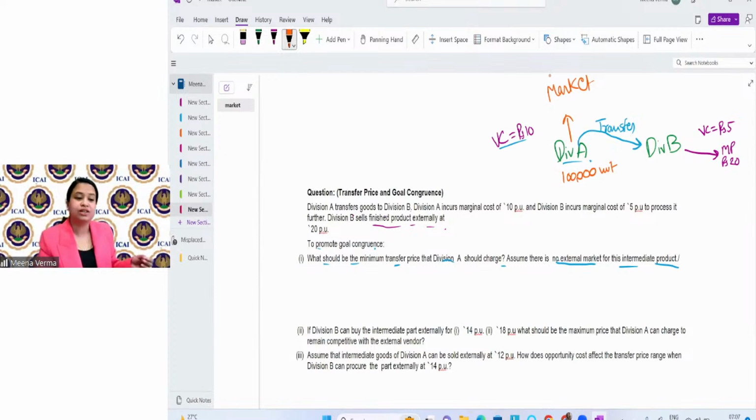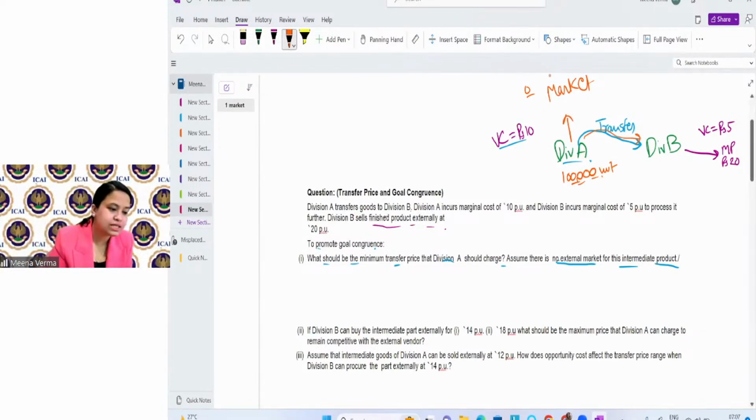It is mentioned that the external market for this product is 0. No unit is being sold outside by Division A. So whatever units they are producing, they have to transfer internally. They have no other option; whatever units they produce, they have to transfer to Division B.